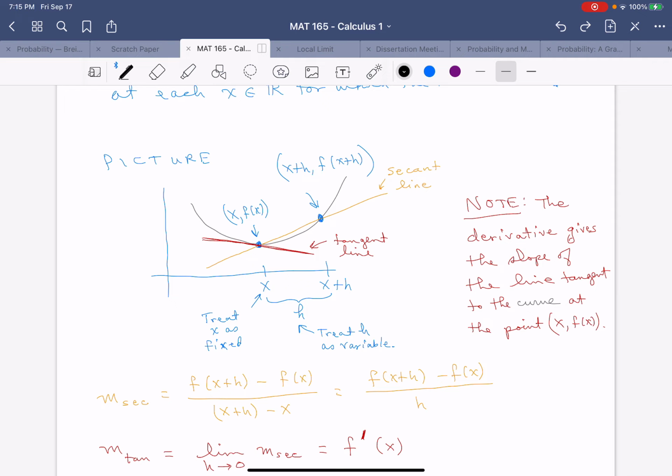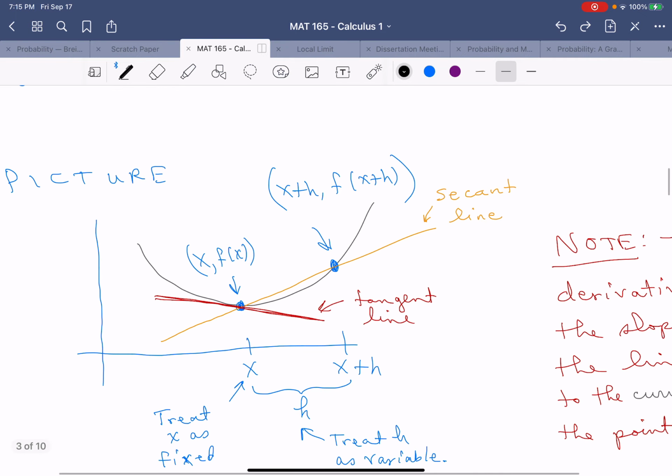And if we zoom in, this gray curve here is our original curve, so we can think of that as our y equals f of x. We're going to look at the point on the curve at x, so x comma f of x.